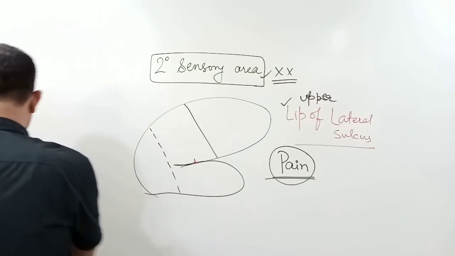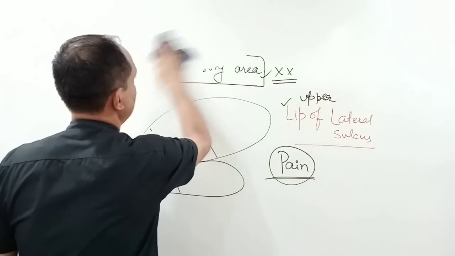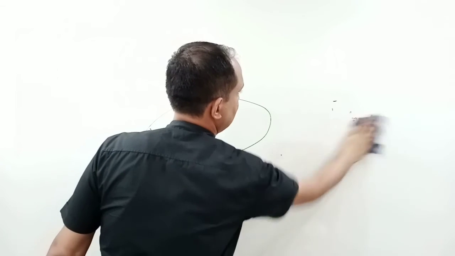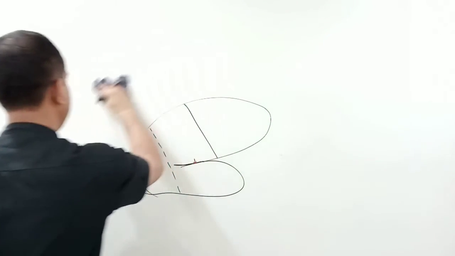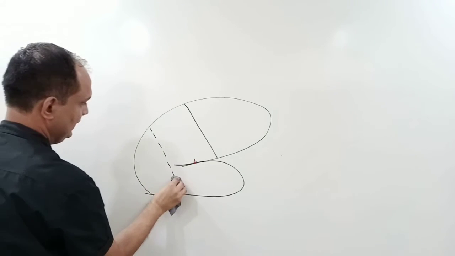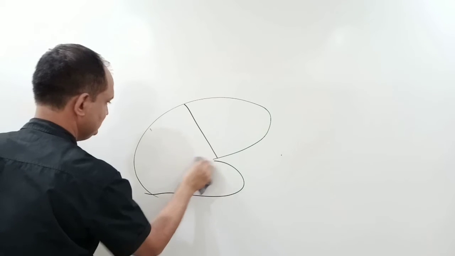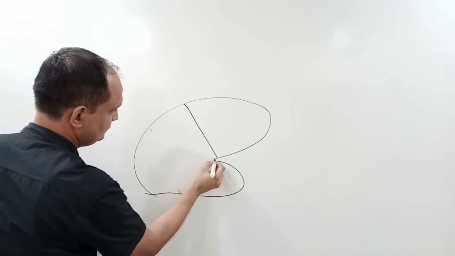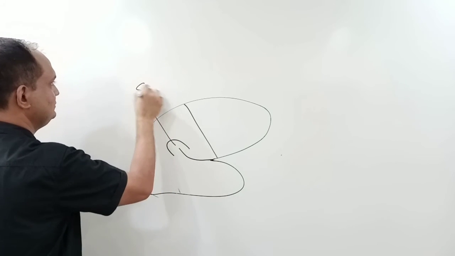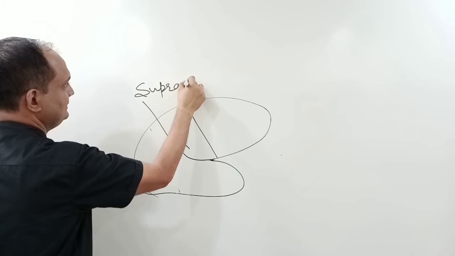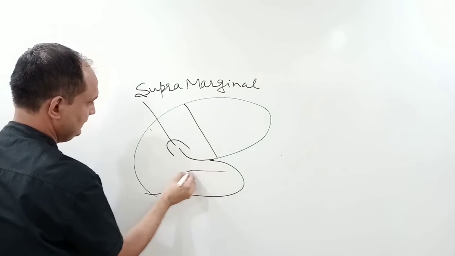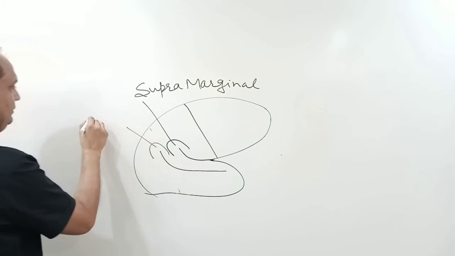Now you will have the fourth functional area of the parietal lobe, which is known as the sensory speech area or Wernicke's area. As I already told you, in this part we have two more gyri. One is the supramarginal gyrus, along the lateral sulcus, and the other, along the superior temporal sulcus, is the angular gyrus.